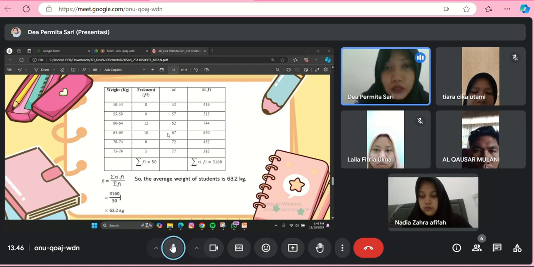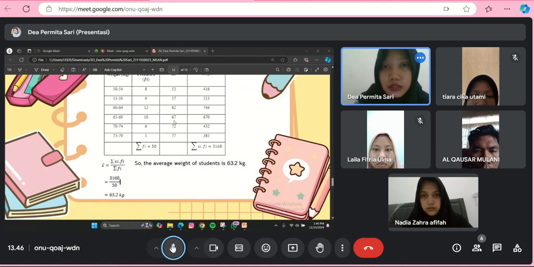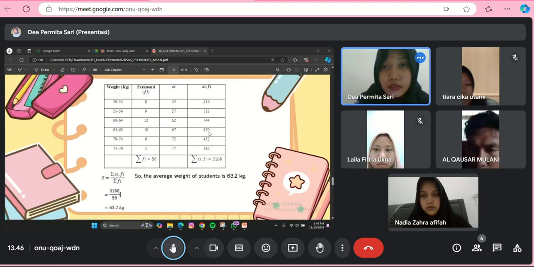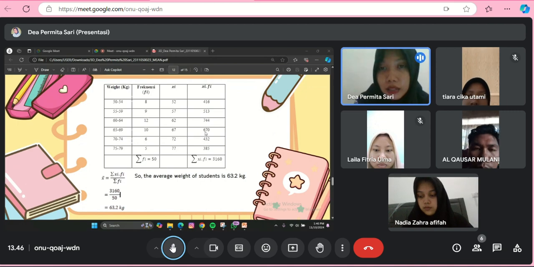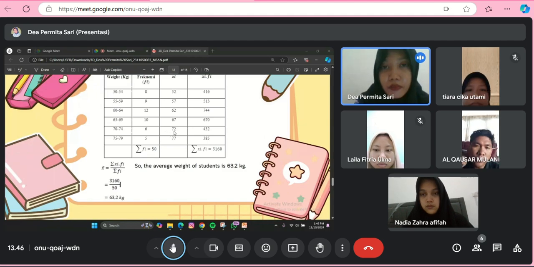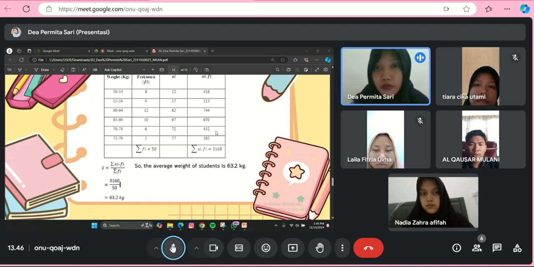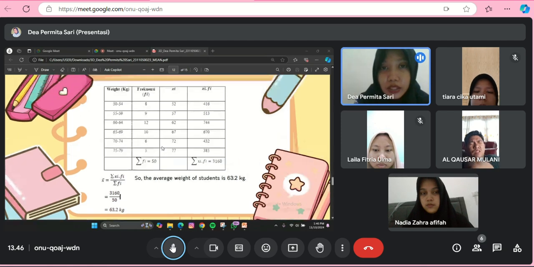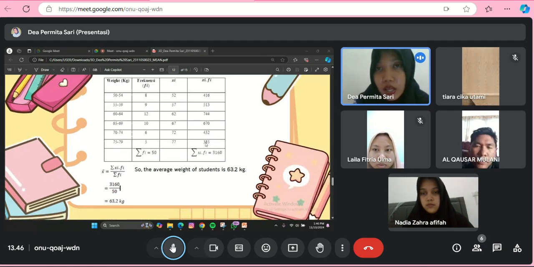Next, we have xi 67 and xi multiplied by fi 670, and then we have xi 72 and xi multiplied by fi 432, and last we have xi 77 and xi multiplied by fi 385.